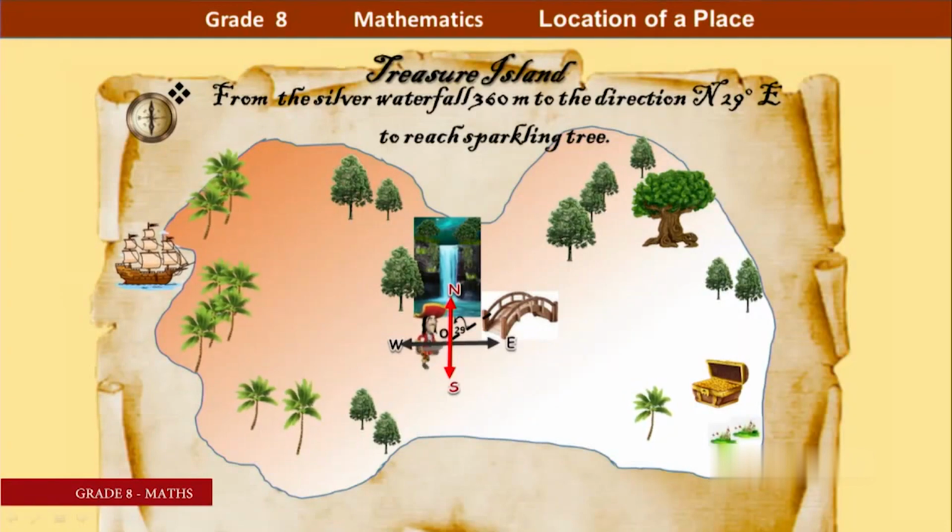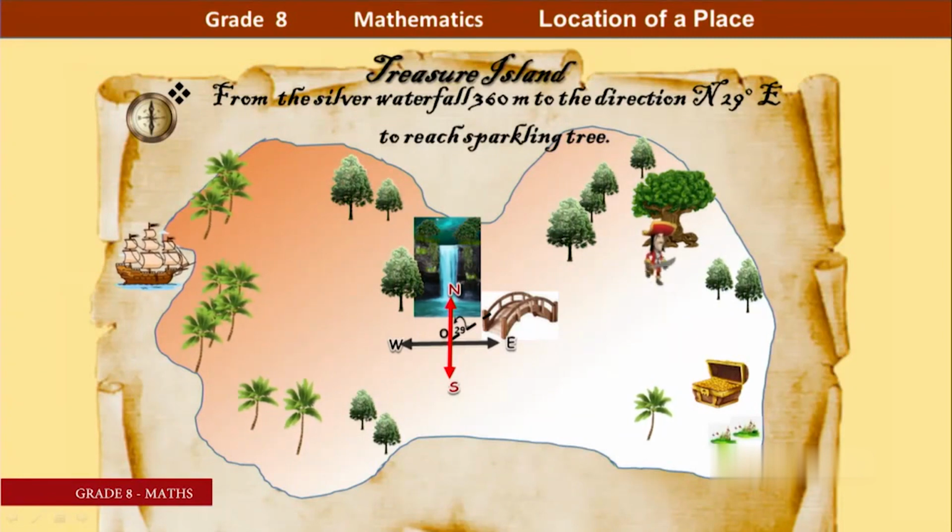Check again the distance, 360 meters. What is the angle? 29 from north to east direction. Then he could reach the sparkling tree. Oh, he was able to do that. Good. It means that he followed the direction correctly and the distance correctly.